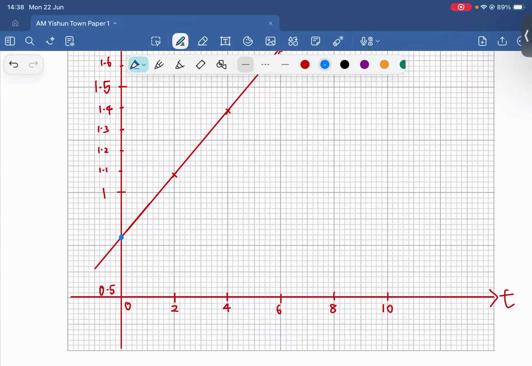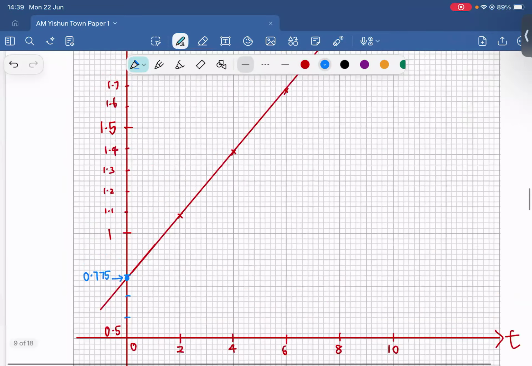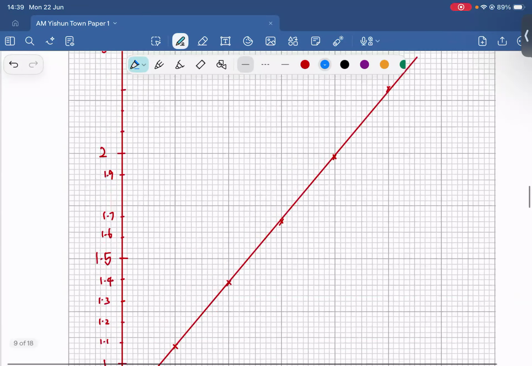Based on what we have, this value here is 0.6, 0.7, 0.8. So I would say this value is about 0.775. Okay, and this value is actually our log p, it's not our p.